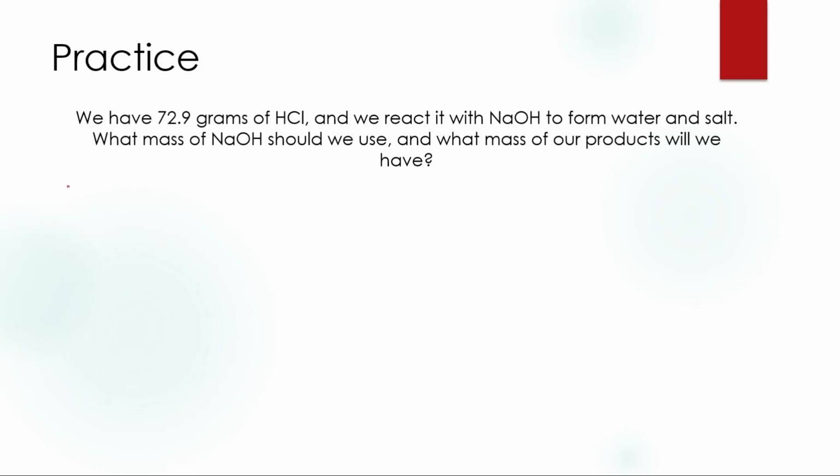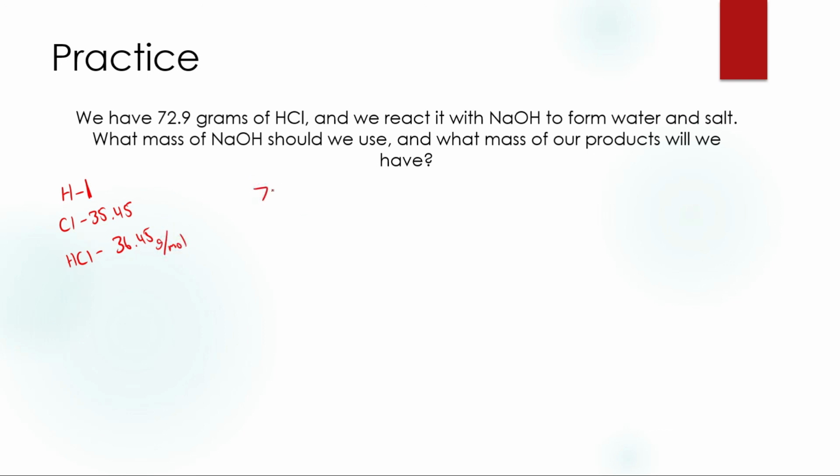The first thing we need to do is figure out the molar mass of HCl. And we have hydrogen with a molar mass of 1, and chlorine has a molar mass of 35.45. We add those together, and we get the molar mass of HCl is 36.45 grams per mole.